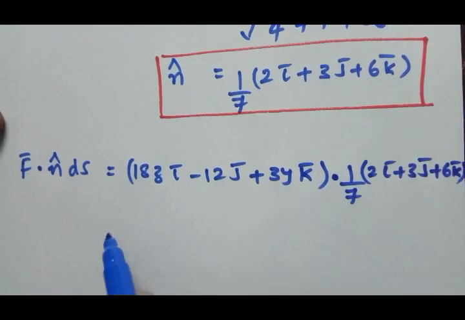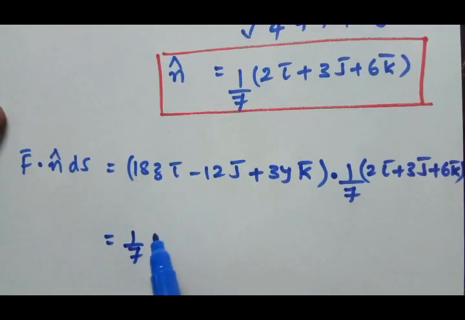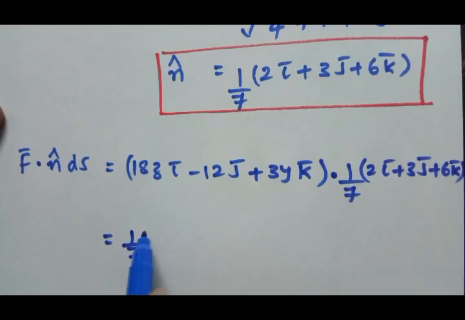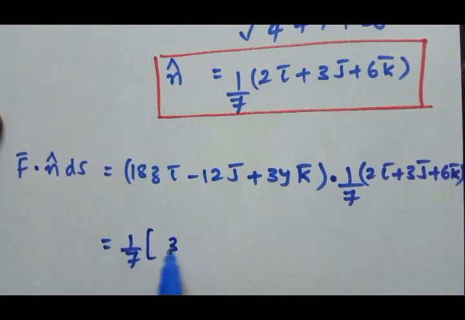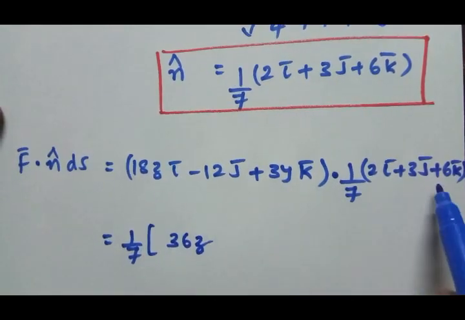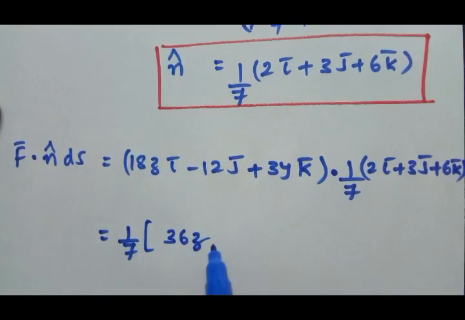Therefore this is equal to, 1 by 7 is a scalar quantity, we are writing it out. So i bar dot i bar is 1, therefore 18 into 2, that is 36z, and other dot products with i bar are 0, i bar dot j bar and i bar dot k bar being 0.